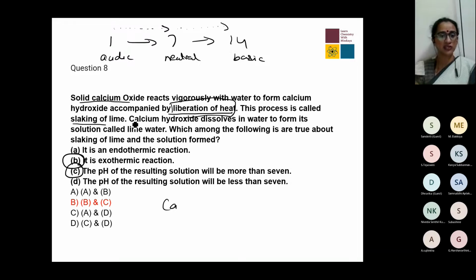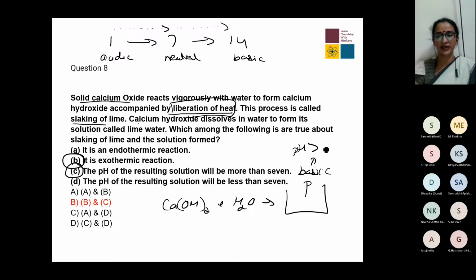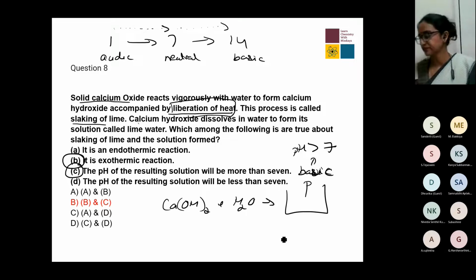Correct. And if my solution is going to contain calcium hydroxide in water, then it is definitely going to form a solution which is basic in nature. And if it is basic in nature, then my pH has to be greater than 7. Any questions so far?